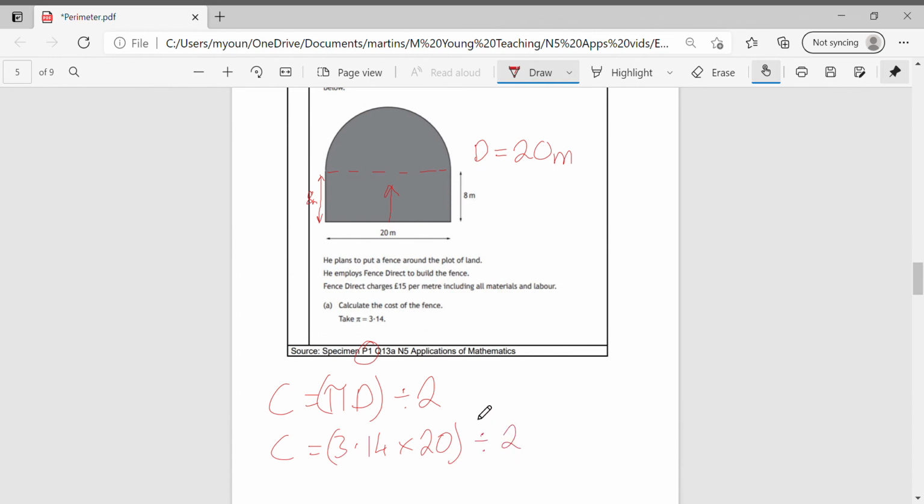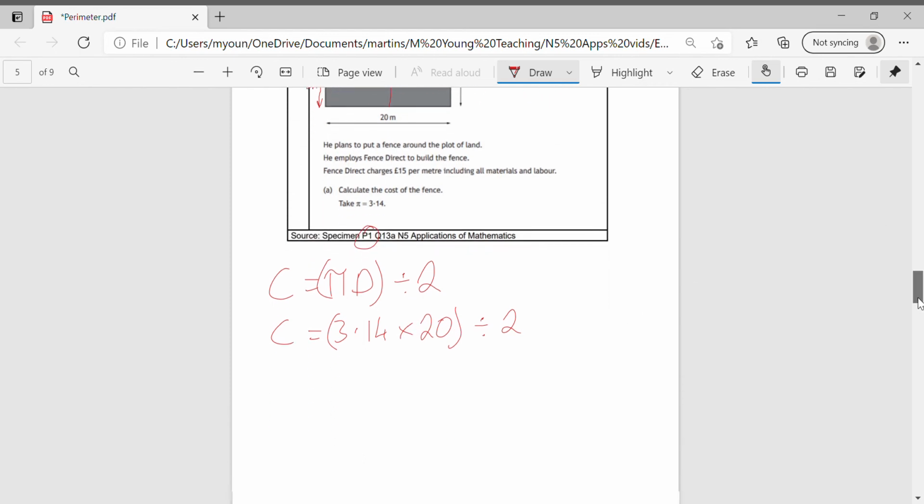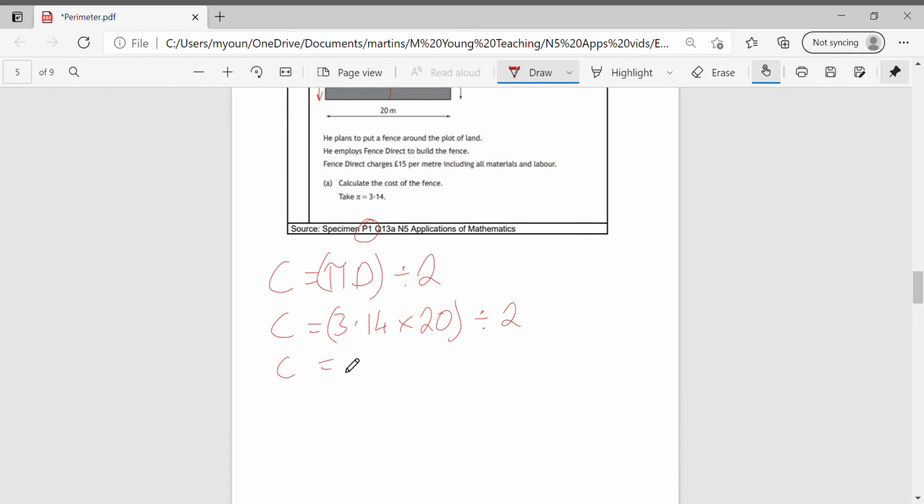Hopefully you can see that I can do 20 divided by 2 first to make it a lot easier. So 3.14 times 20 divided by 2. 20 divided by 2 is just 10. So that becomes 3.14 times 10, and that's just 31.4 metres. And that is for the half circle.